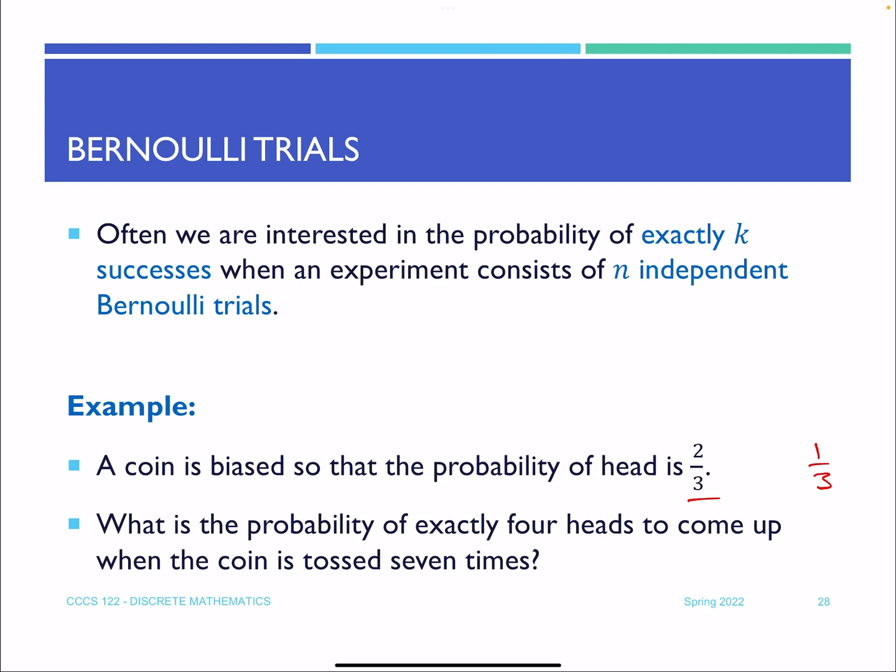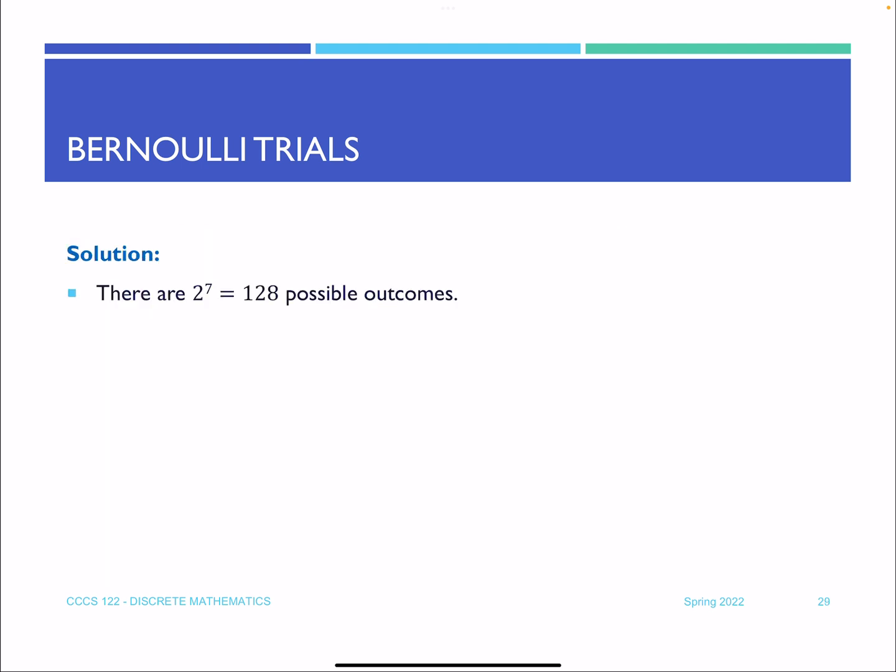What is the probability of exactly 4 heads coming up when the coin is tossed 7 times? So 7 is the number of trials being conducted. We're interested in how many times K, or the number of successes, is 4. P is equal to 2 by 3 is the probability of success. Q is 1 by 3 in this case.